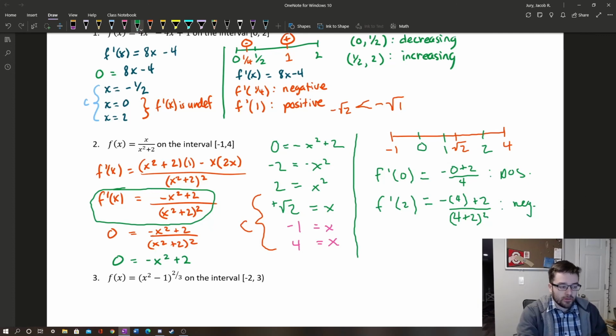All right, so that means from negative 1 to radical 2, this function is positive. So the slope is positive, so we're increasing. And from radical 2 to 4, this function is decreasing.